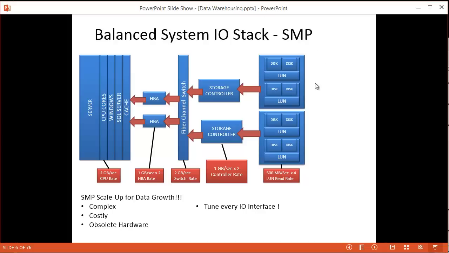And so these unexpected things can happen, and unfortunately the only solution is to scale up, to obsolete that hardware and buy completely new hardware and go through the entire tuning and architectural process that you went through before.